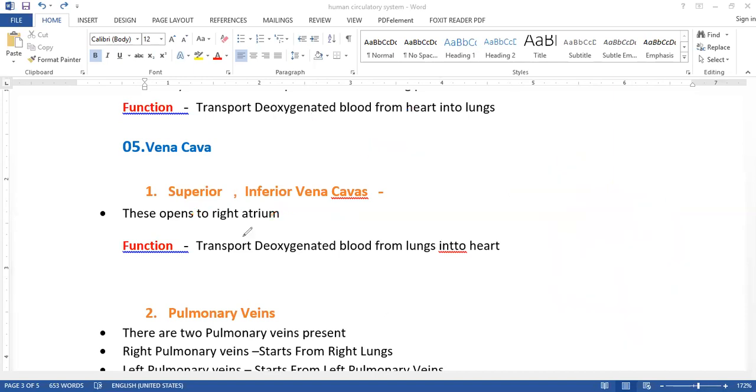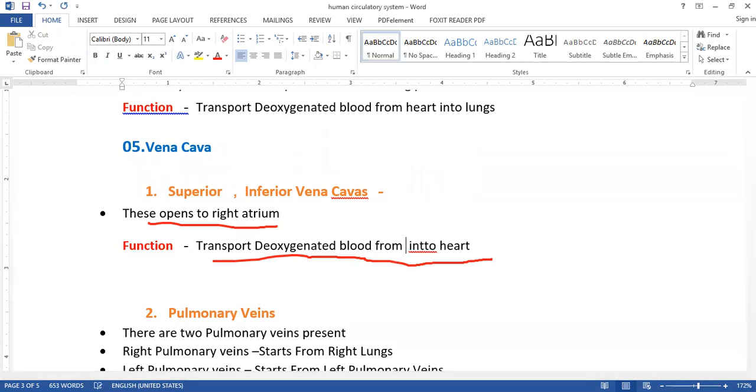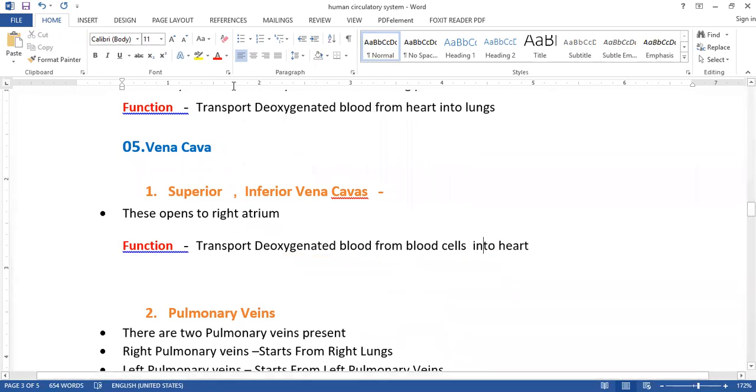So these vena cavas open into the right atrium, and the function is to transport deoxygenated blood from the body into the heart. I will explain, don't worry.